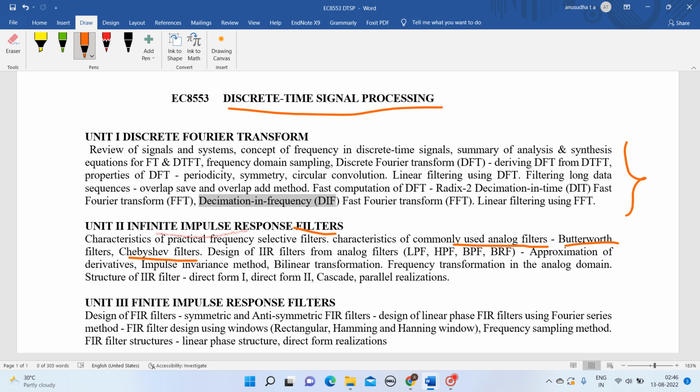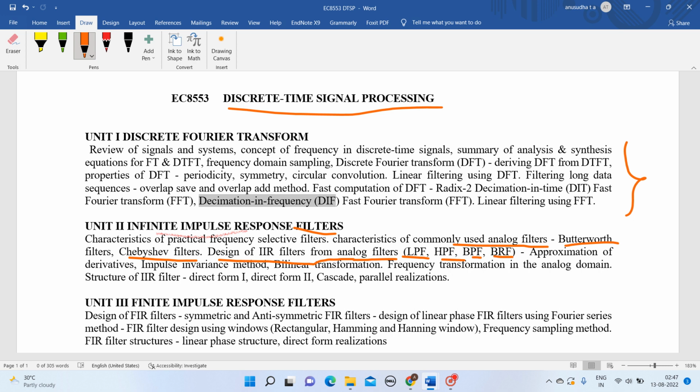Then we are going to design the IIR filters from analog filters, such as low pass filter, high pass filter, band pass filter, band reject filter.